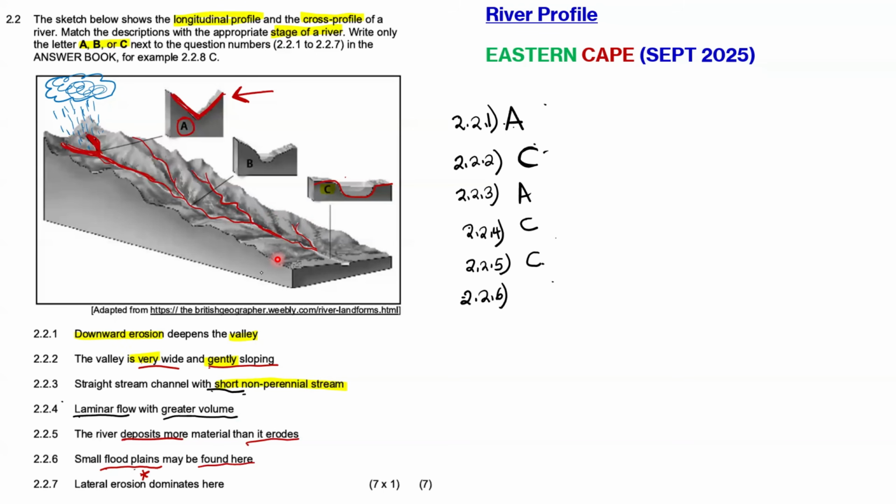2.2.6. Okay. C is correct for saying we do have flat plains in C, but there are a lot of flat plains in C. The question is saying small flat plains. So this small here is kind of telling us that we do not have many of them. At the lower course, we've got a lot of flat plains, all right?